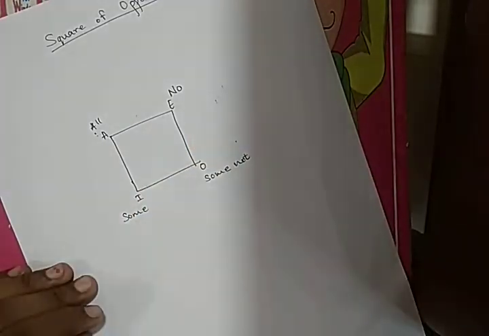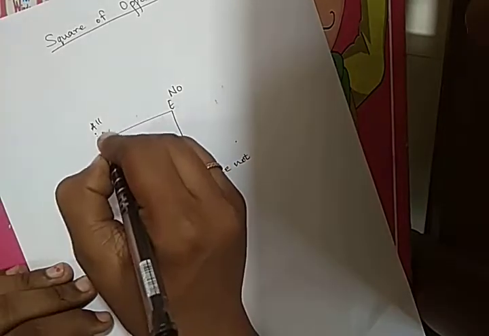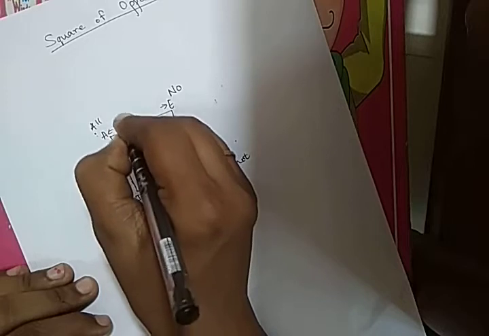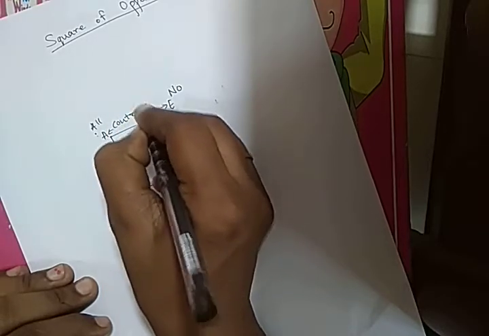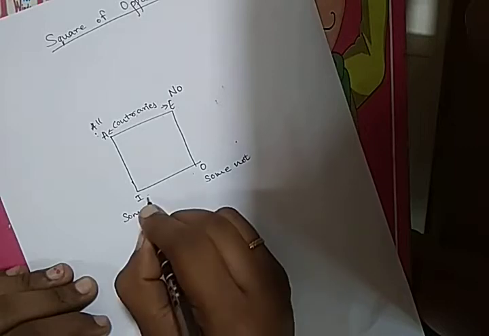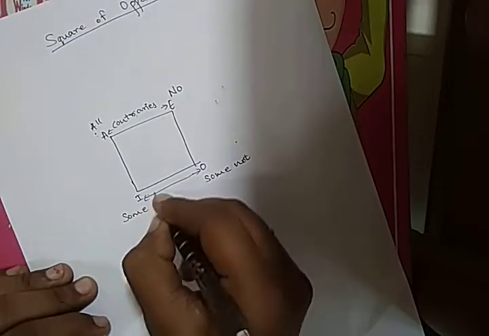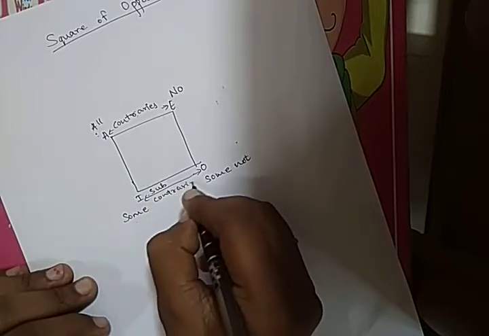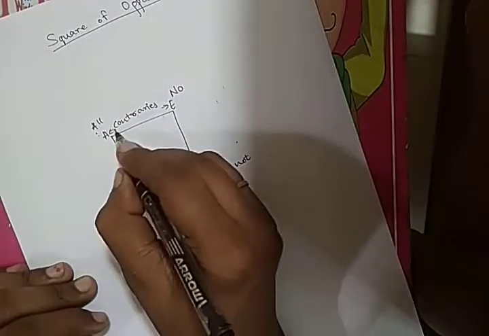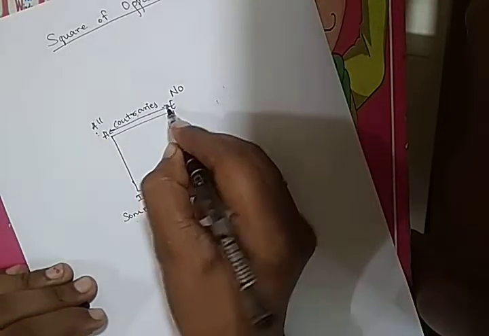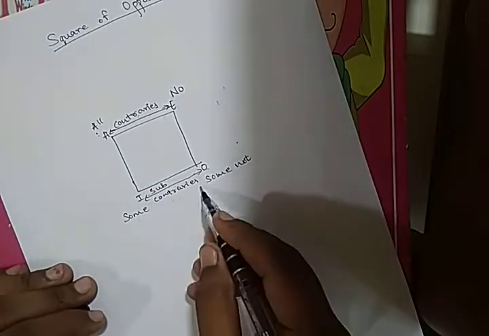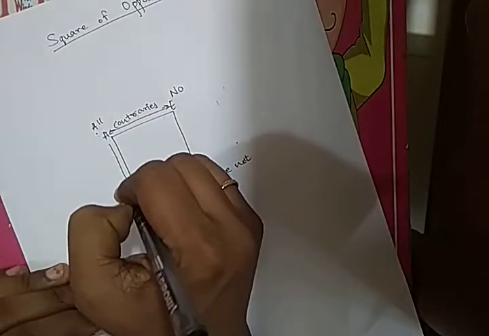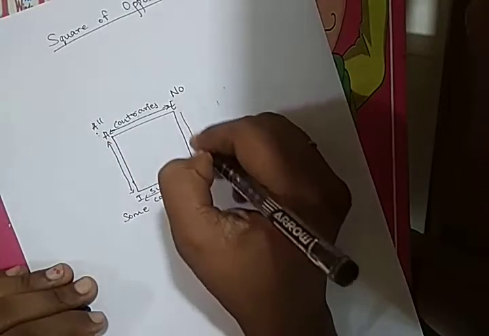Now, how are these related? These two are contraries. These two are sub-contraries. And these two are called subalterns or subalterations.